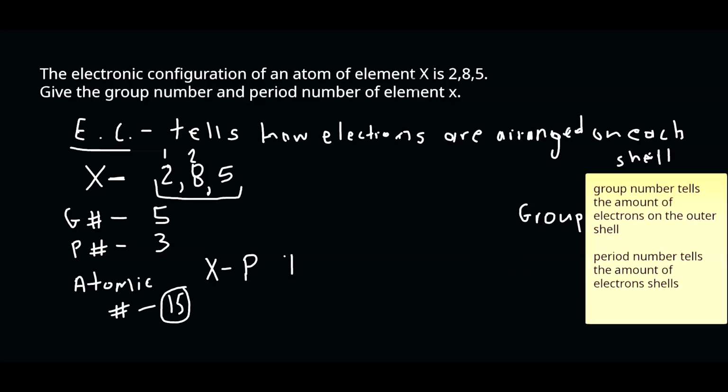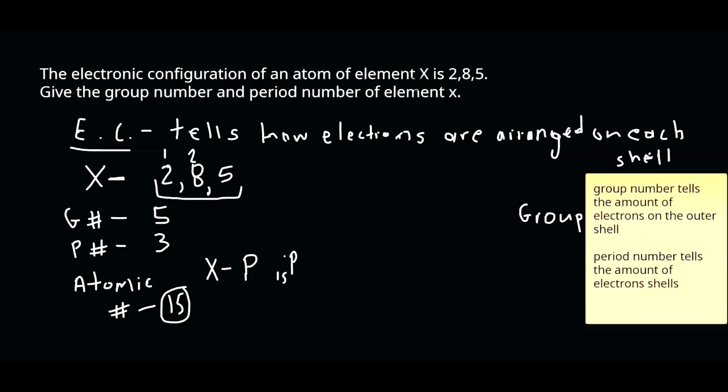When phosphorus has atomic number 15, what's the mass number? What's the mass number of phosphorus? You remember that? 29? 30?